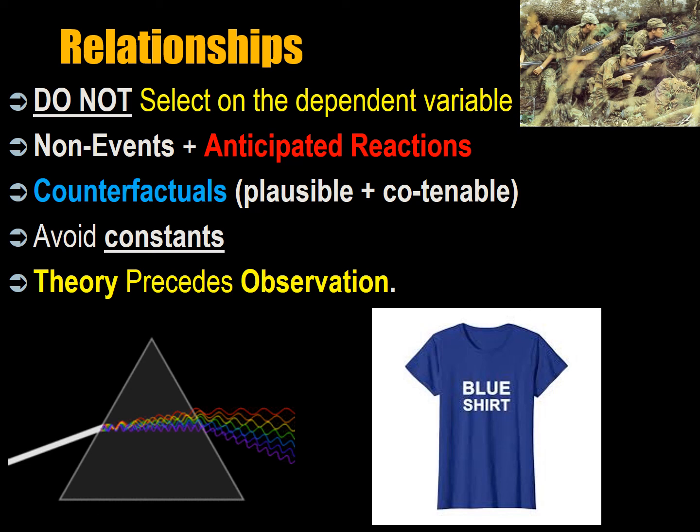If you also count the defeats, you're going to notice that there were plenty of defeats where soldiers wearing red were overrun. So you have to look at both categories. You cannot focus on a single category, or you're going to come up with very silly and erroneous conclusions. And we want to avoid bias, and so that's why we have to look at both categories of the dependent variable.